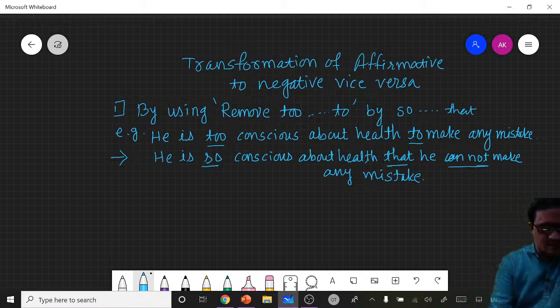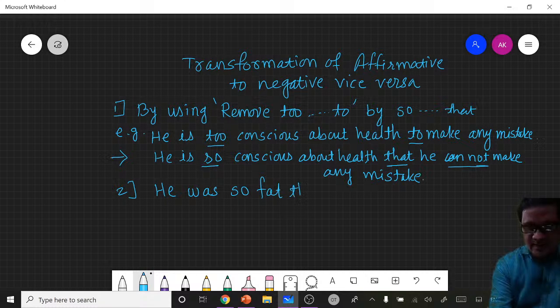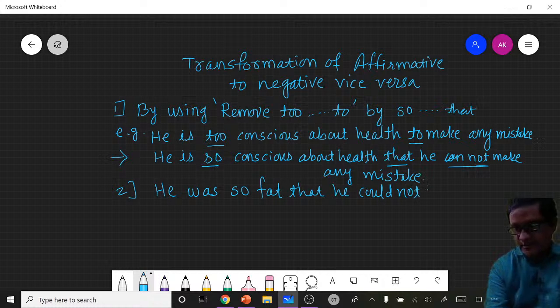If I give you the second example with 'so dash that': He was so fat that he could not run fast.